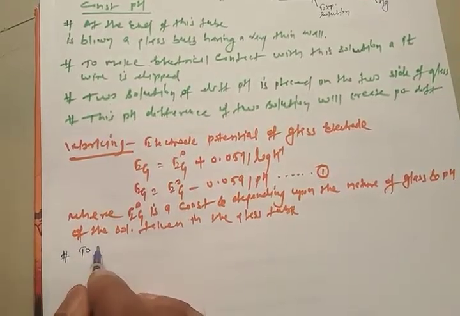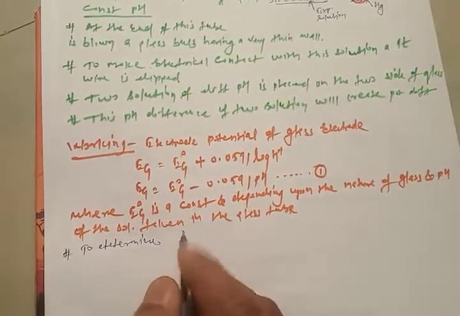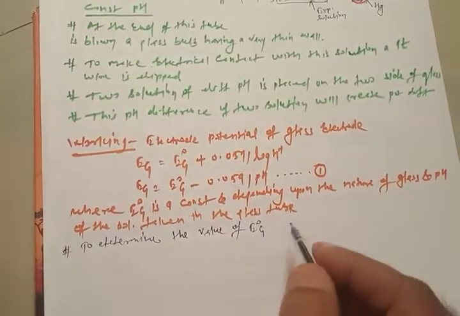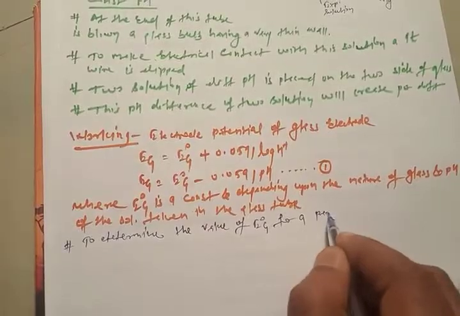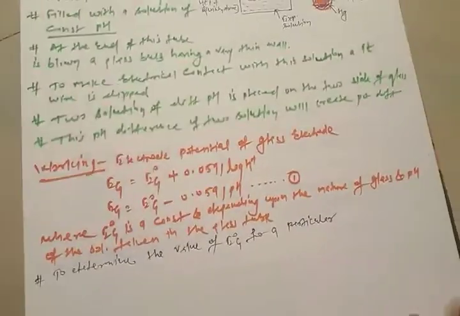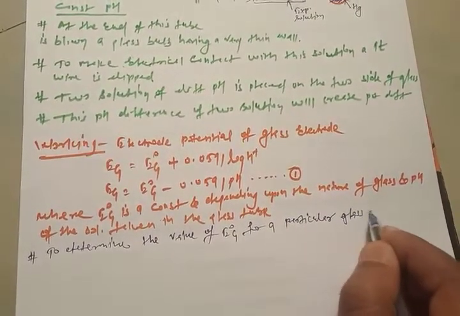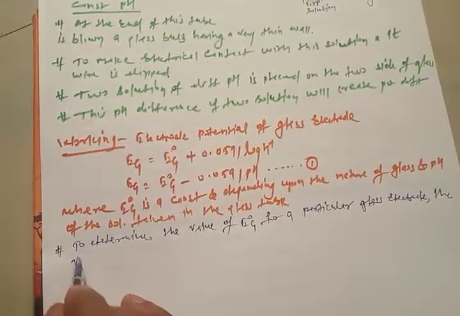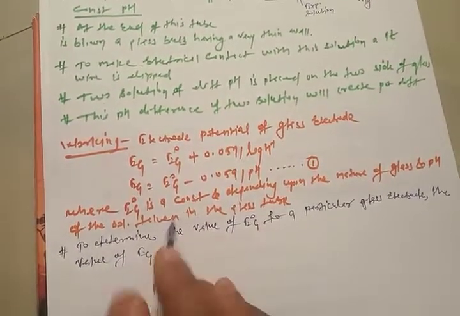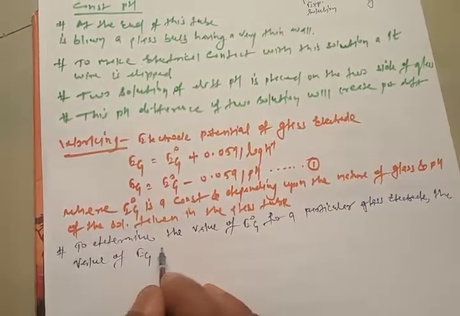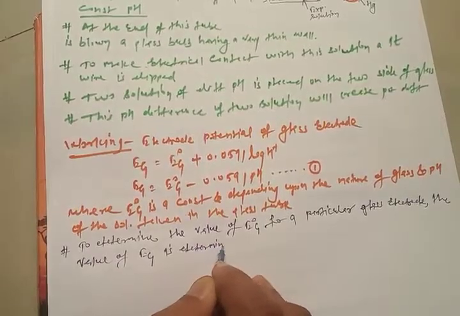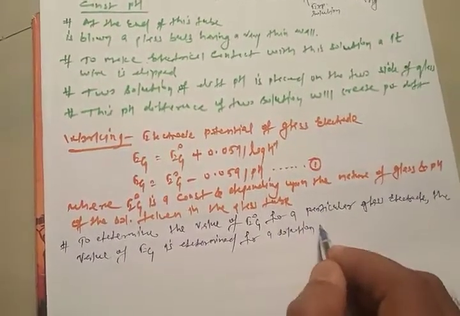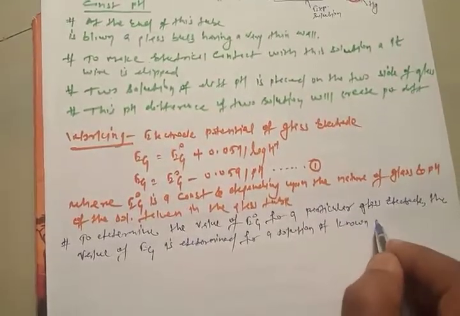So to determine the value of E naught G for a particular glass electrode, the value of Eg is determined for a solution of known pH.